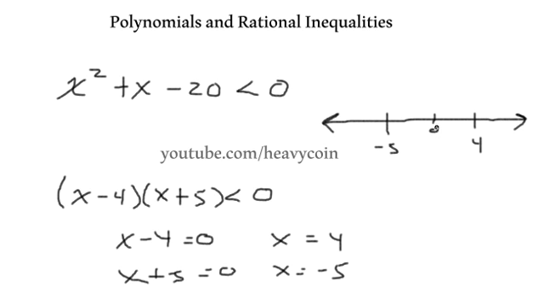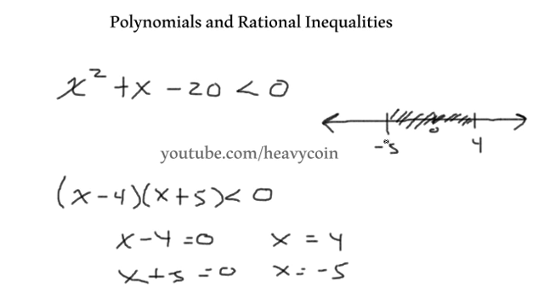So if this is true, then all of the numbers in between negative 5 and 4, if we plug those in up here, this would also be true. If you plug in a number larger than 4, like for example 5 squared is 25, and 25 plus 5 is 30, and 30 minus 20 is 10, and 10 is not less than 0.